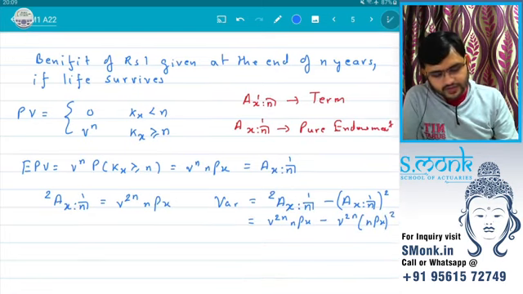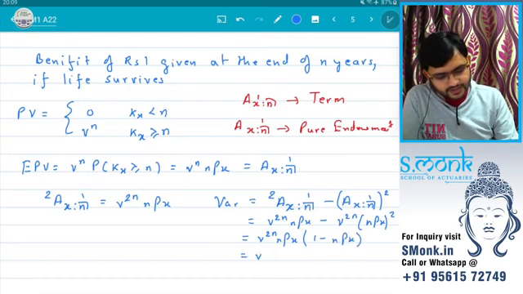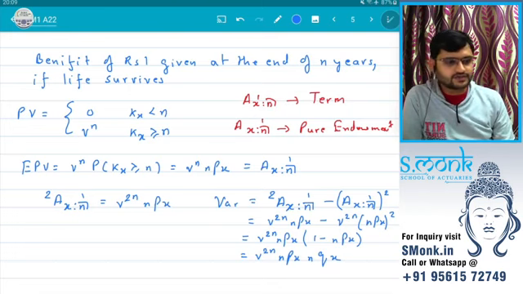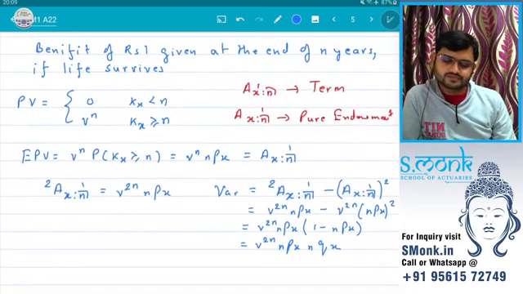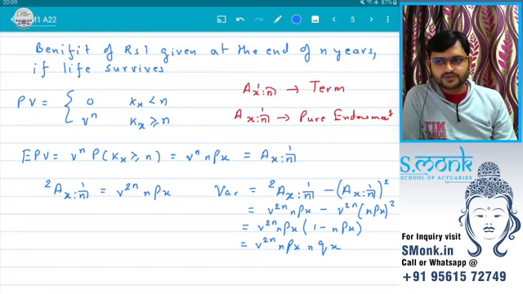If I take v raised to 2n npx outside, common, get 1 minus npx, that is nqx. So this just becomes v raised to 2n npx nqx. This is what the variance is. You don't need to remember this. You can solve it, or you can solve it like this, no problem. This is pure endowment.